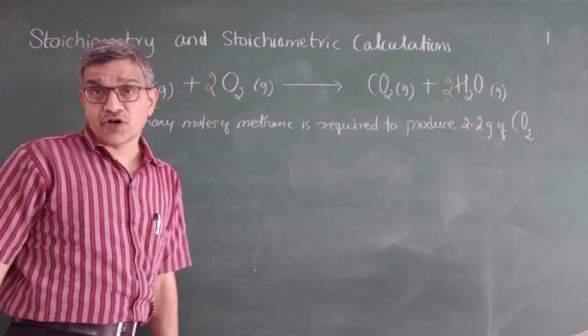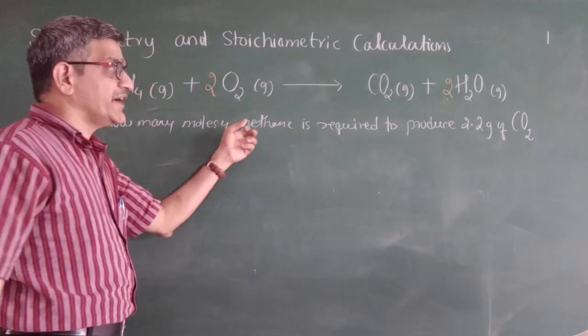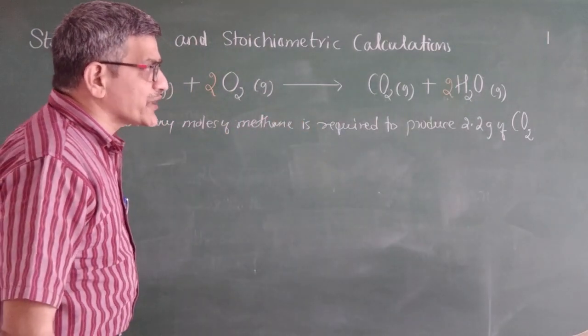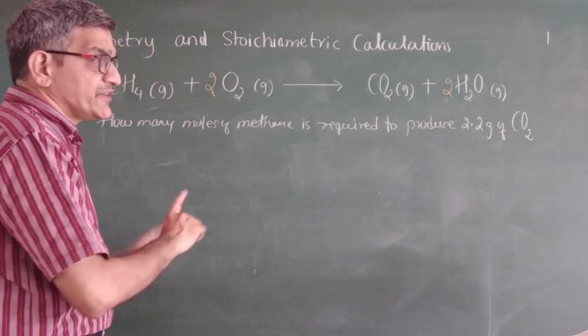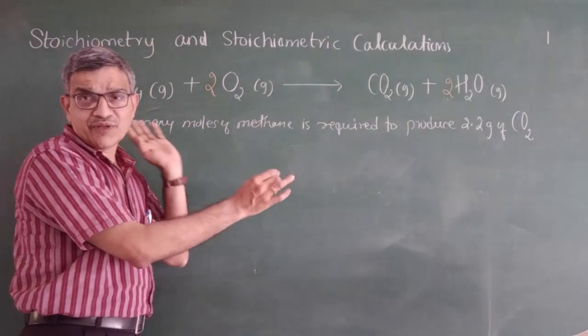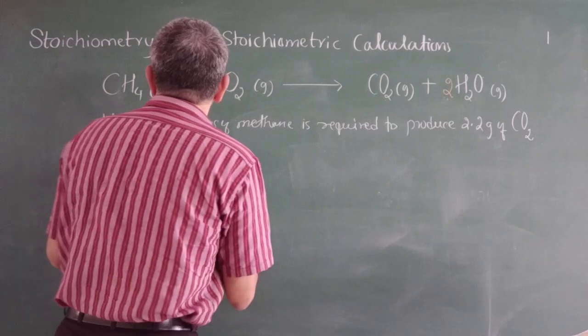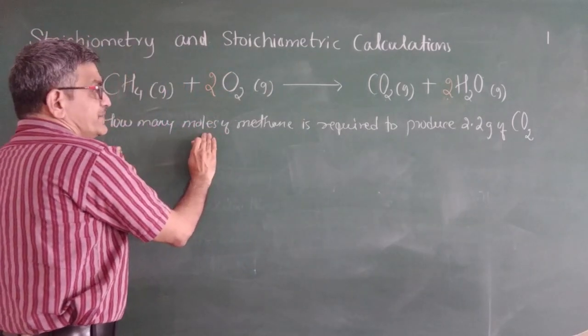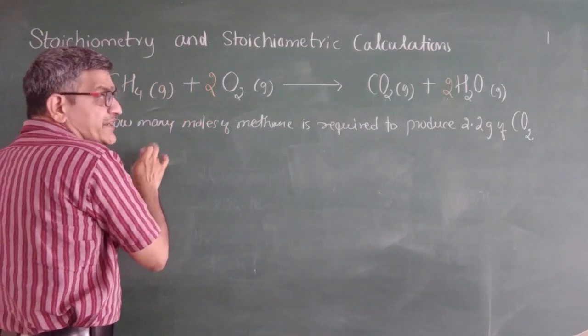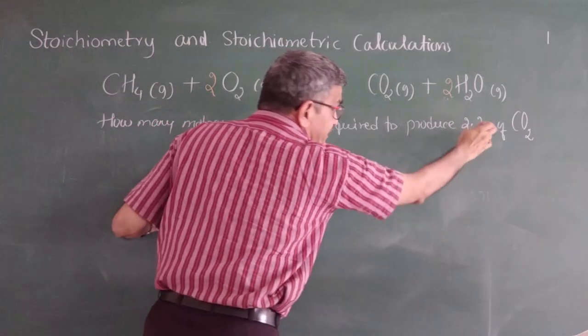Here the combination is what? They have given moles and grams. Which one should be in moles? Methane. So I will go with methane in moles and carbon dioxide in grams.